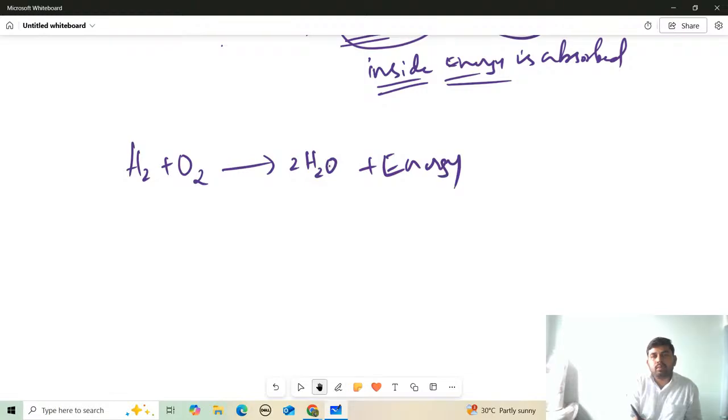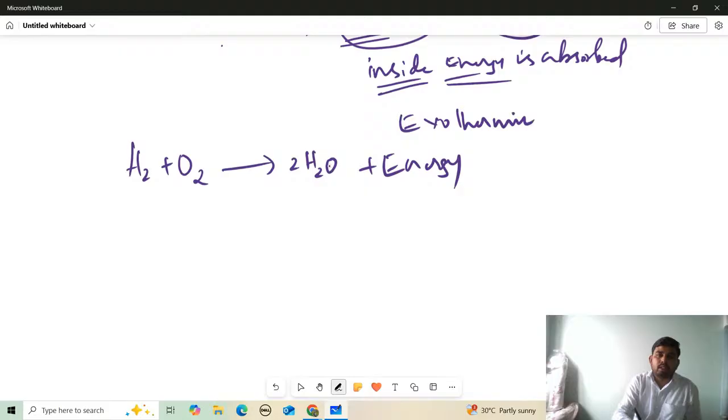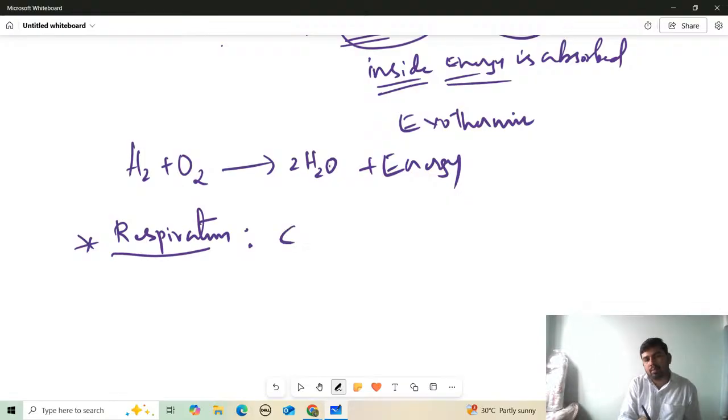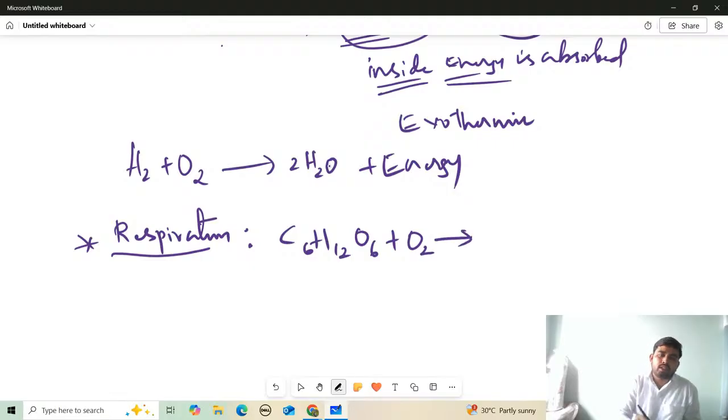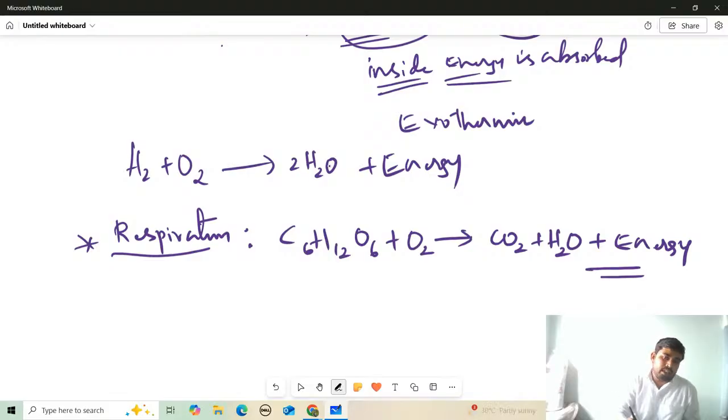This is a combination as well as exothermic reaction. Another exothermic example is respiration. In respiration, carbohydrate C6H12O6 plus oxygen gas forms carbon dioxide gas and H2O, and energy is produced in this reaction, so it is called exothermic.